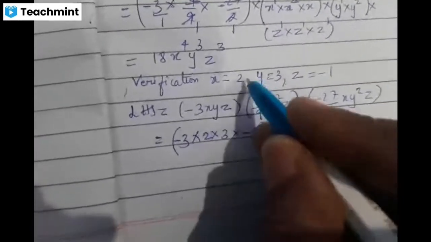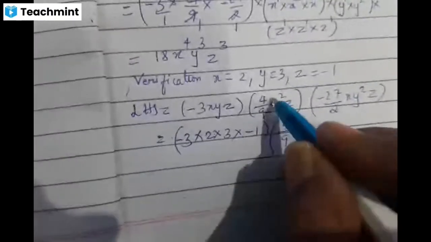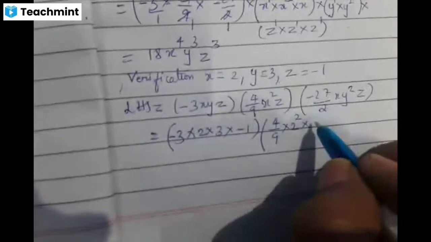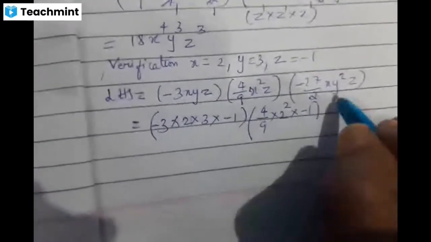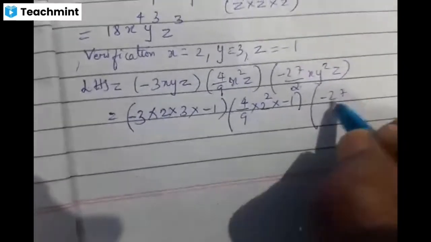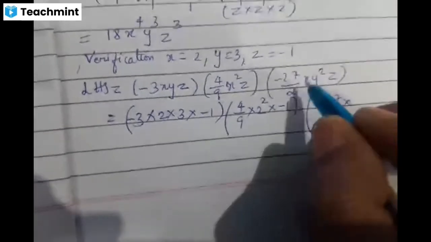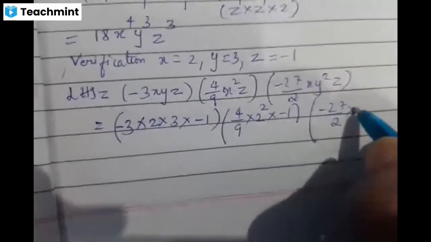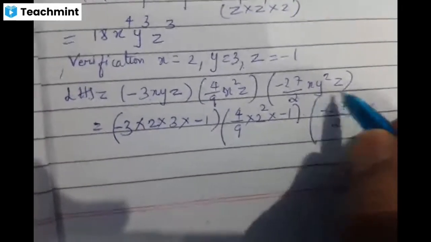So, in place of x, I am going to write 2 square as it is. Into, what is z children? Value of z is minus 1. Then minus 27 by 2 as it is into x. X is 2 again into y square, which is 3 square into z value is minus 1.